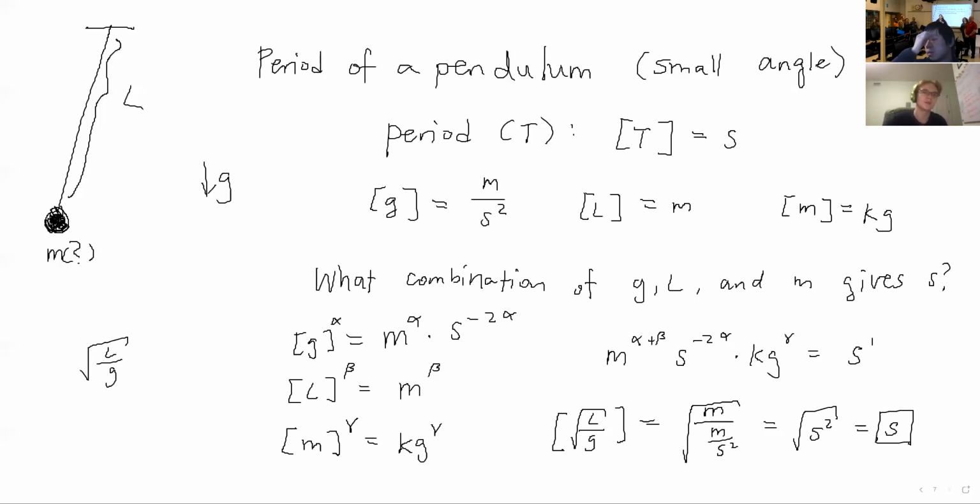Exactly, because we know G is a constant, so what we can change is L. If the period is X seconds with a pendulum of length L1, then we can square it, multiply by G, divide by L, and you get the constant, right? Because we divided by what it's proportional to, so what should be left is the constant.